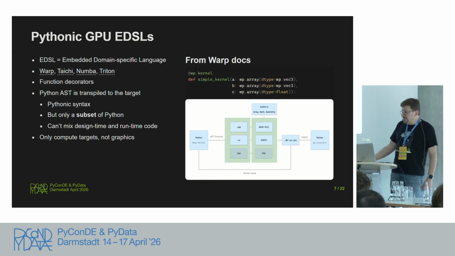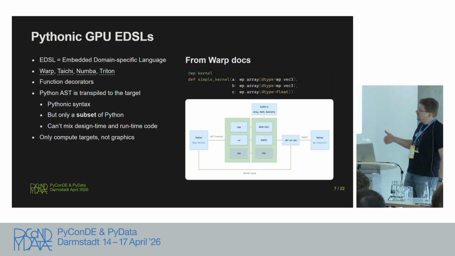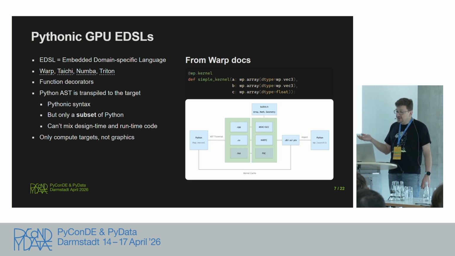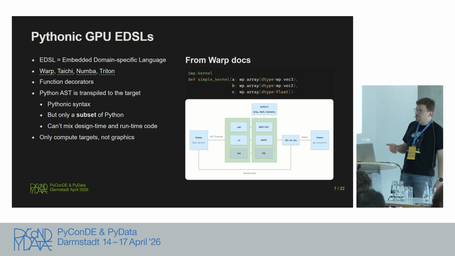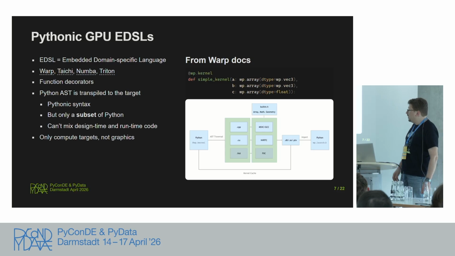But then there's the idea of EDSLs, embedded domain-specific languages. So the idea is that you take a general purpose programming language like Python or C++, and you embed your little EDSL into it. The closest examples to shading EDSLs in Python are these four: Warp, Taichi, Numba, and Triton, because they target the GPU at a much lower level than PyTorch or even JAX.